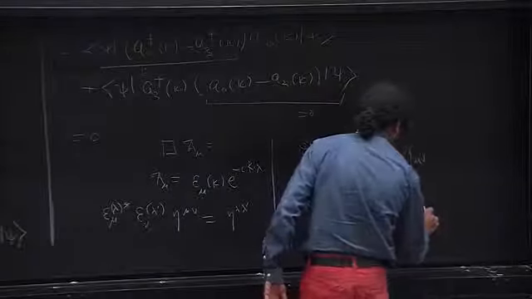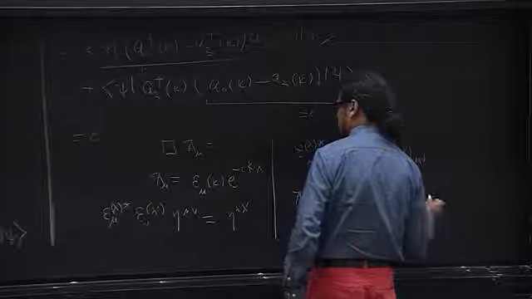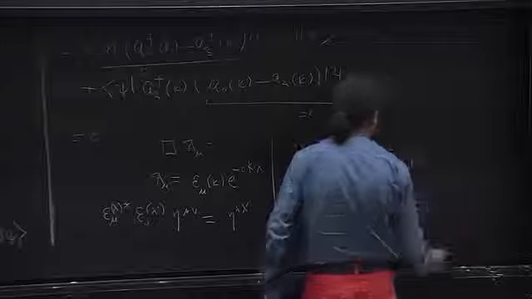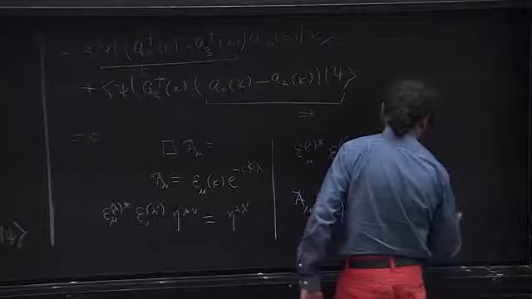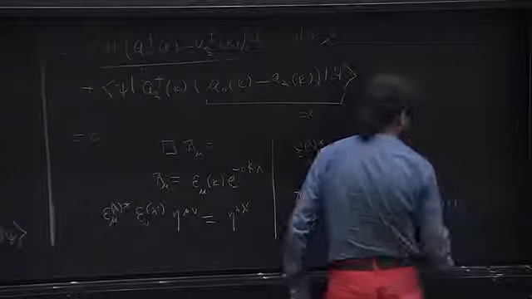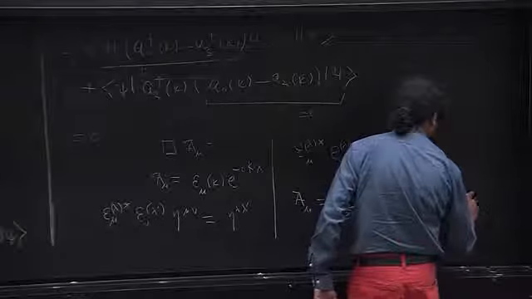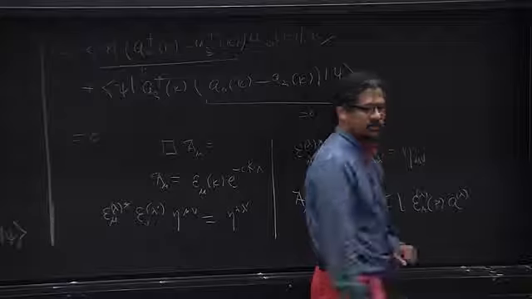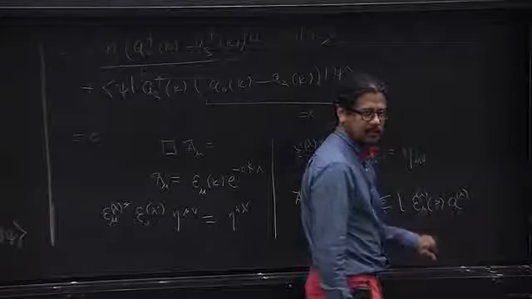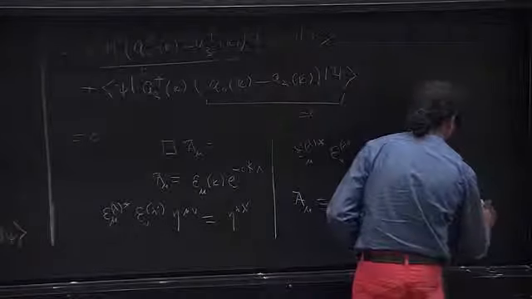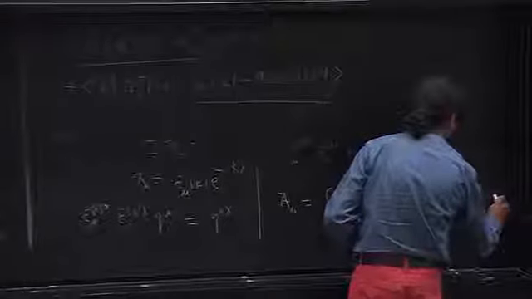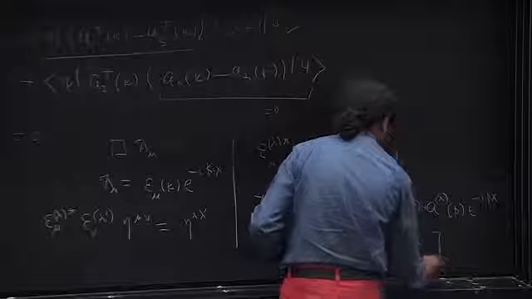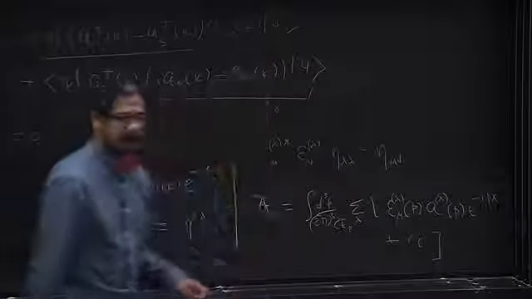So this is a lambda, and then these are functions of p. And there will be, for each lambda, a different Fourier coefficient, each epsilon. And plus complex conjugate, because this thing is real, okay?